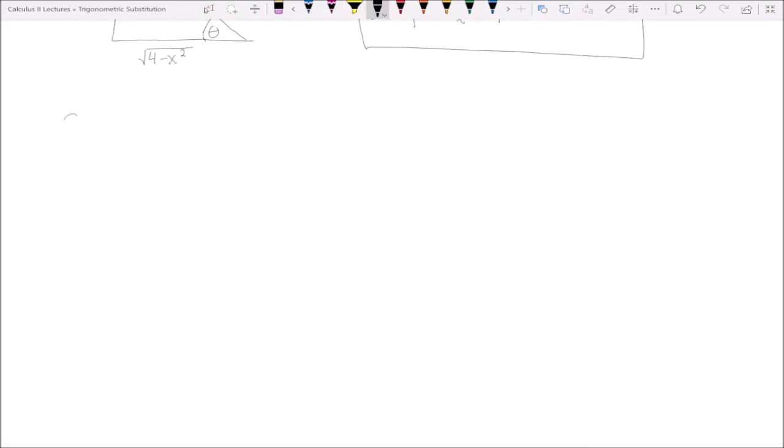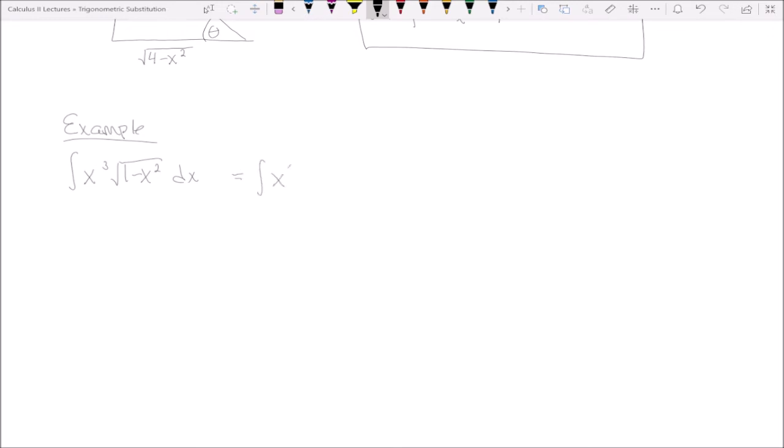Well, let's now look at the antiderivative of x cubed times the square root of 1 minus x squared. Now, you see that square root of 1 minus x squared and would probably immediately think of doing a sine substitution. Well, why don't we try writing it this way instead?